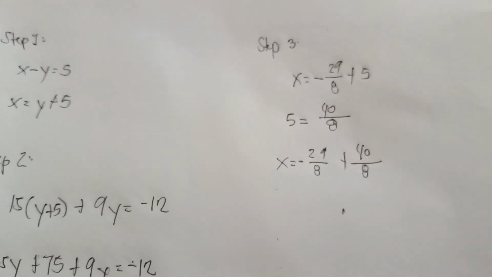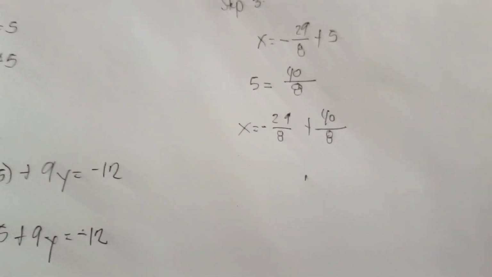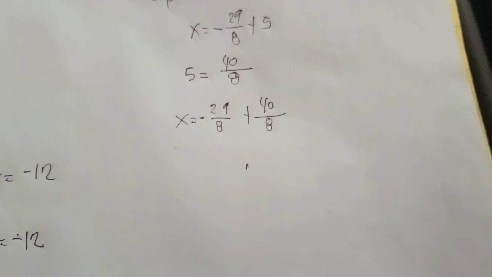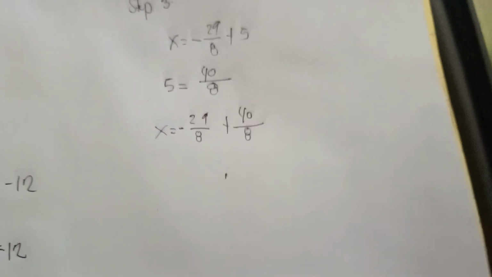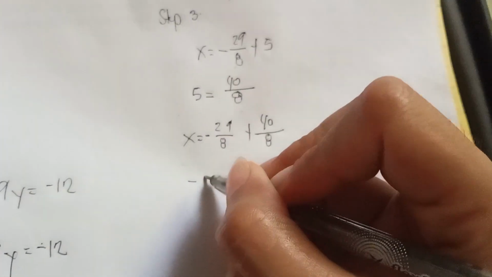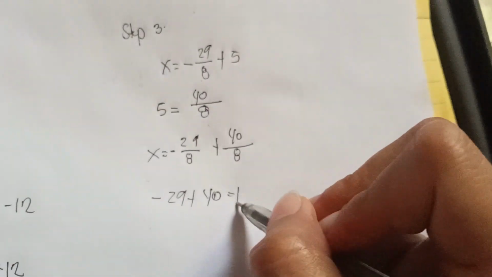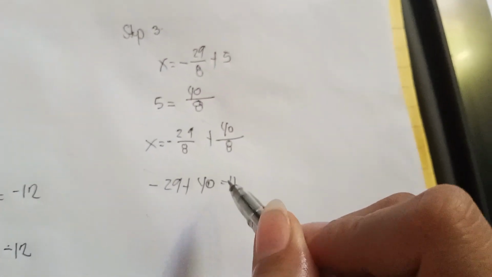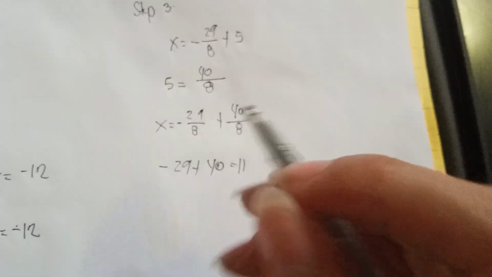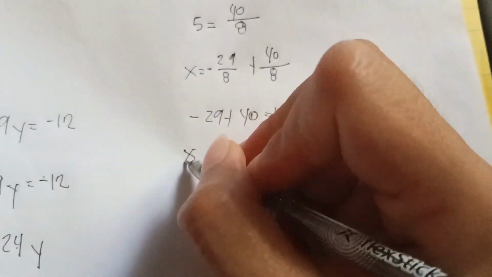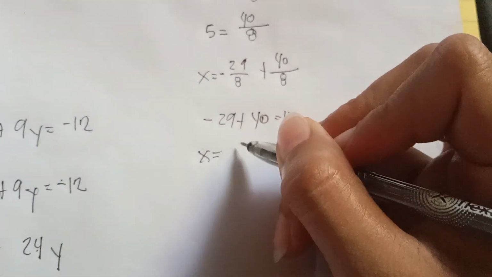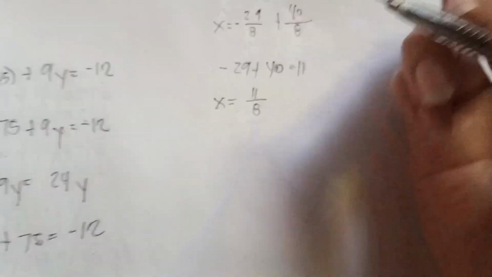Then add numerators, and we have the same denominator. So negative 29 plus 40 equals 11. So we got here the value of our x, which is 11 over 8. And that is our answer.